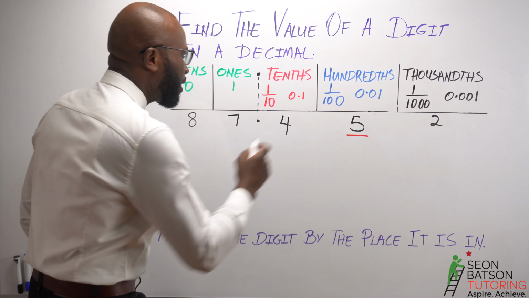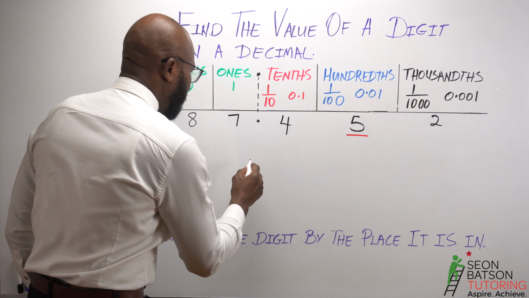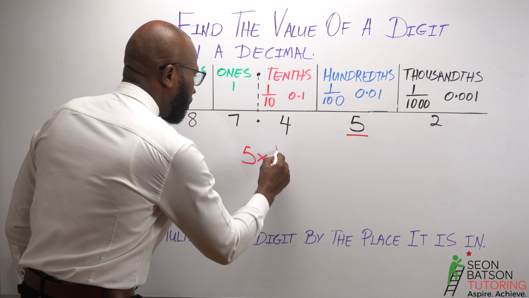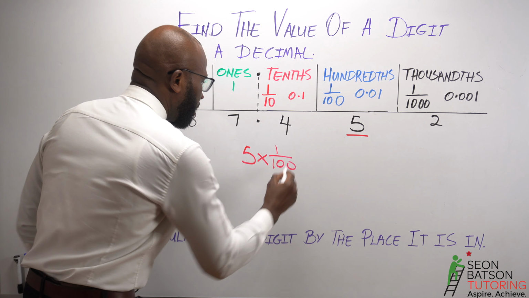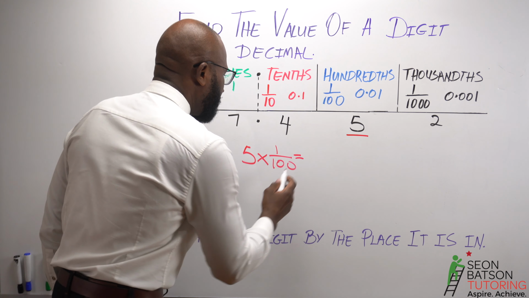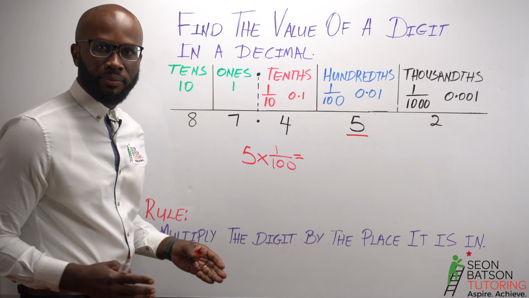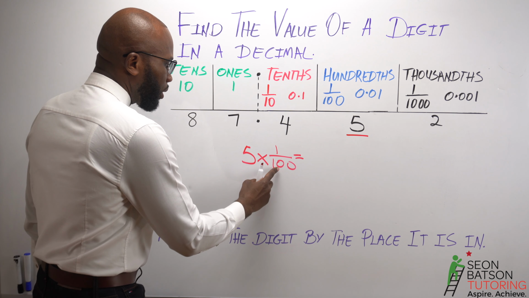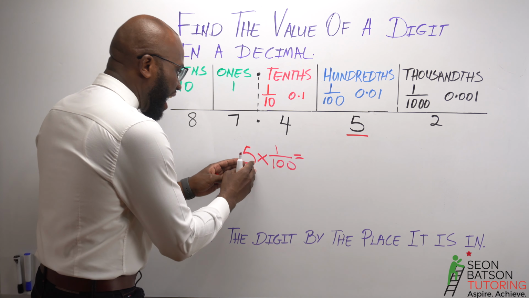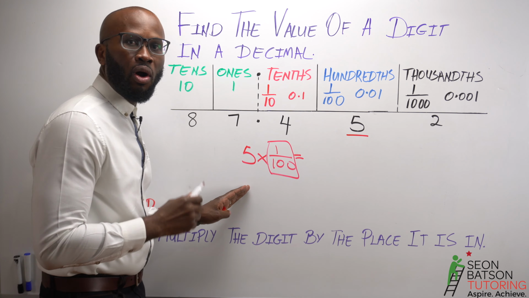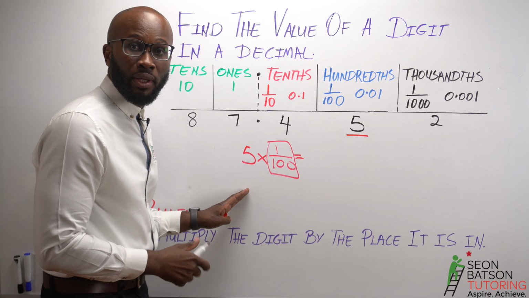So again, we want to find the value of the 5 here. We will first multiply the 5 by hundredths in fraction form, 1 over 100. What is 5 times 1 over 100? Remember, 5 times 1 over 100 simply means we have 5 of this fraction, or we have 5 hundredths.